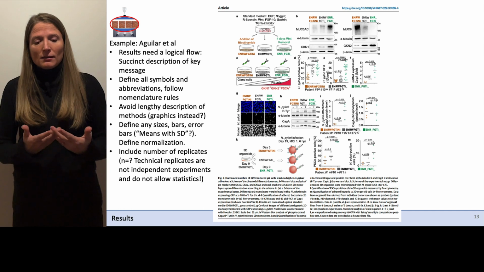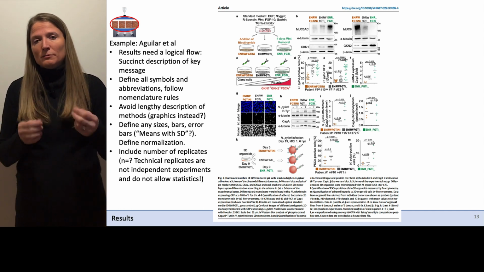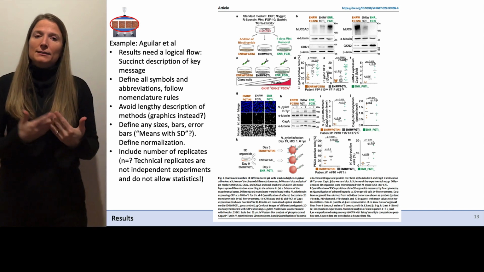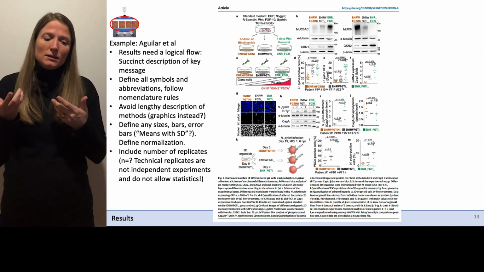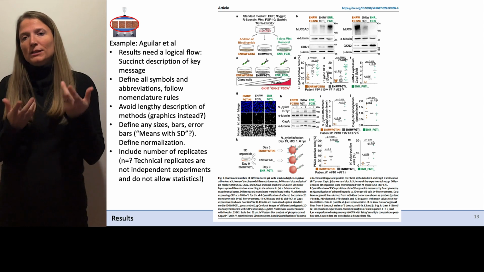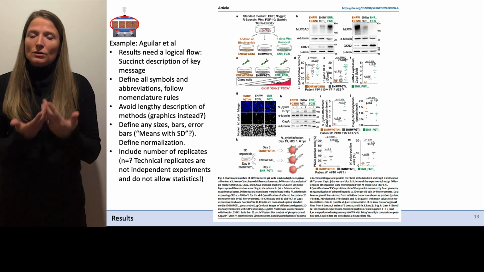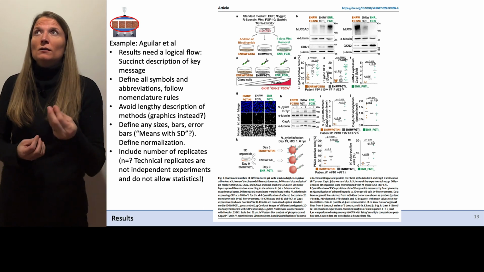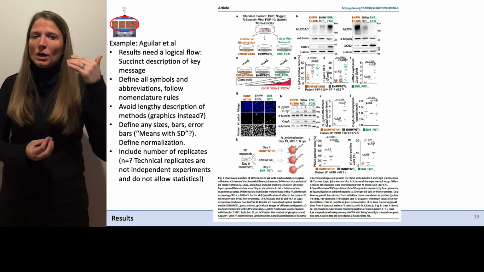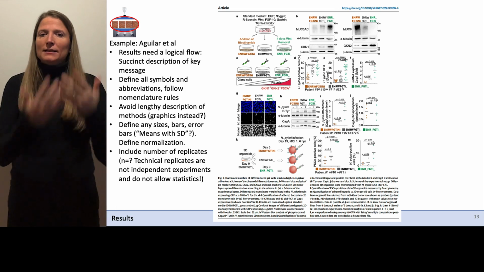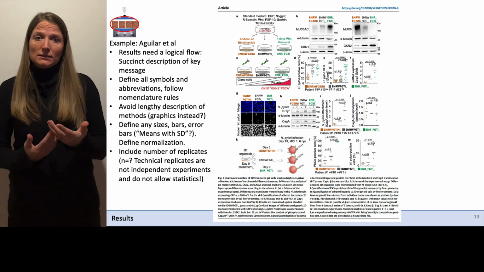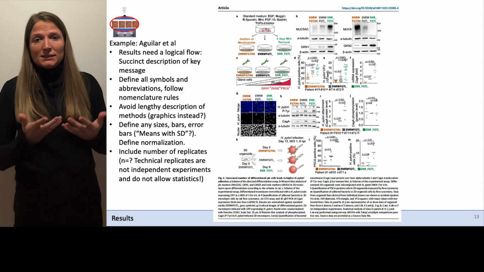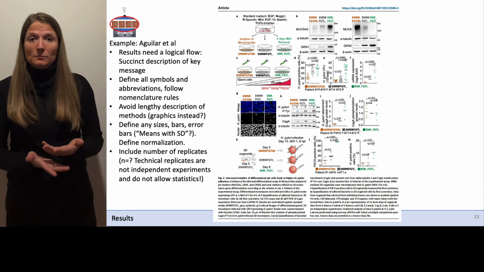But I think that by showing examples and making you go through the figures with me, you realize that one figure may be harder to understand and the other figure may be easier to understand. And this, I hope, would help you to define more of which information you need to put that makes the reader able to read this. So don't take this as a finger pointing, but rather, I hope, as a helpful example.